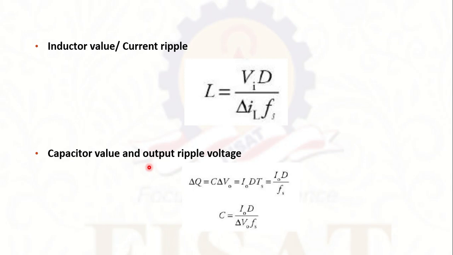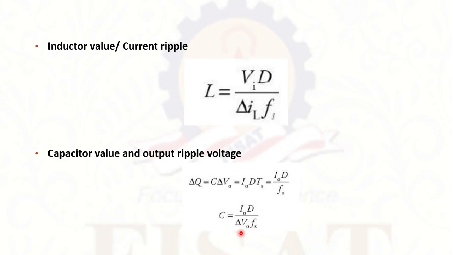Now the capacitor value and the output ripple voltage. The capacitor value is also calculated from the change in the capacitor charge. Delta Q is equal to C into delta V, where delta V is the change in voltage across the capacitor. We represent that as Io into dTs, and finally we get the capacitance C is equal to Io into d divided by delta Vo into Fs, where Fs is equal to 1 by Ts.